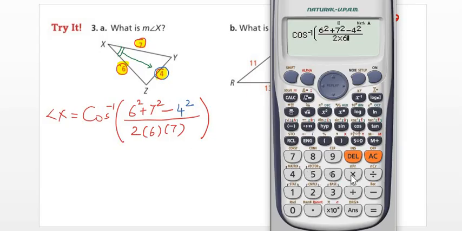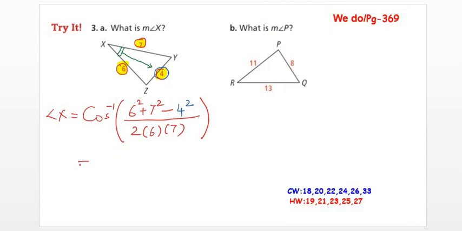So 2 times 6 times 7, both will be correct, but don't forget to bring the cursor to the end and close the last bracket. It will give you the answer, that is 34.8 to 1 decimal place. So the answer will be 34.8 degrees. Clear? Now let's solve B part.